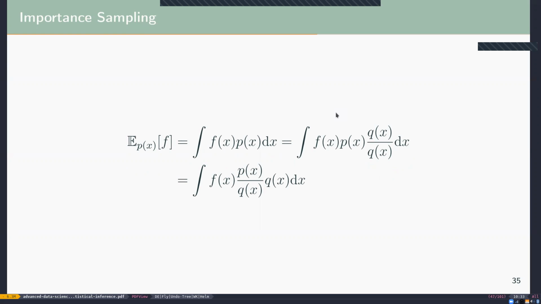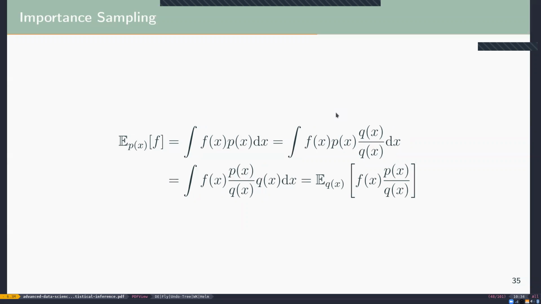And now we can think about this as an expectation or an integral over Q instead of an expectation over P. So what we can now do is draw samples from Q and reweight them based on this, right? So we can think about it as this instead.